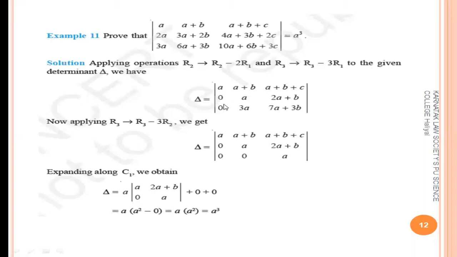In this way, we use this 6th property. For all elements, you need to apply this operation. You will get the first row as it is, because we did not use any operation on the first row.